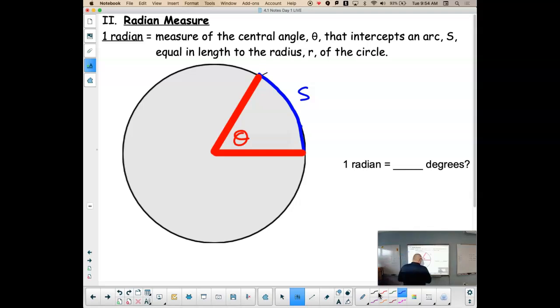Remember, let me put a little extra in here for you. Remember that, so that would be 180 because it's straight, right? Which means that that is about 90. So what are we thinking now?